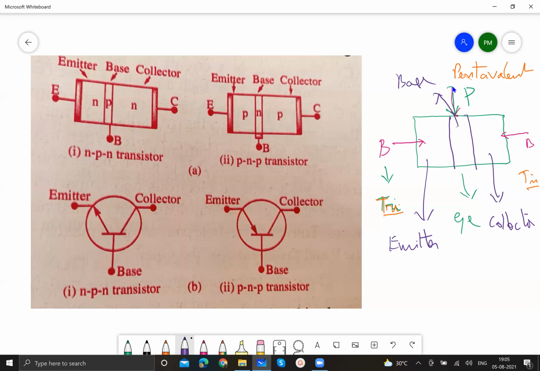I repeat once again, we took a pure semiconducting crystal, either germanium or silicon, and on both the sides, if you want PNP, a trivalent impurity is doped. At the center, a pentavalent impurity is doped. Thus, the two ends of the semiconductor germanium or silicon will become p-type.